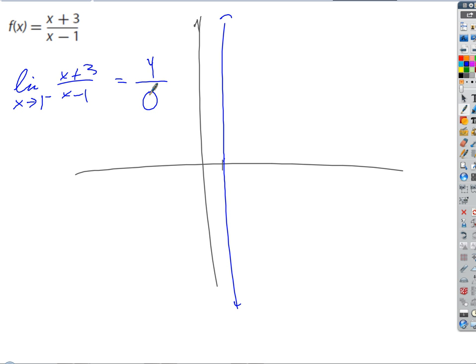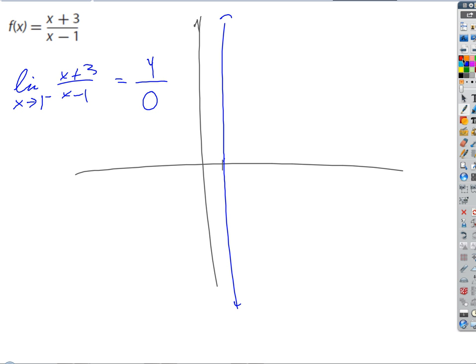I want to be more specific. I want to know, is it going to be slightly negative or slightly positive? Slightly negative. It's going to be slightly negative, isn't it? Because I'm taking a number slightly less than 1 and subtracting 1 from it. Imagine we take 0.99999 minus 1. I'm going to get negative 0.00001, right? So here's how I always say this.